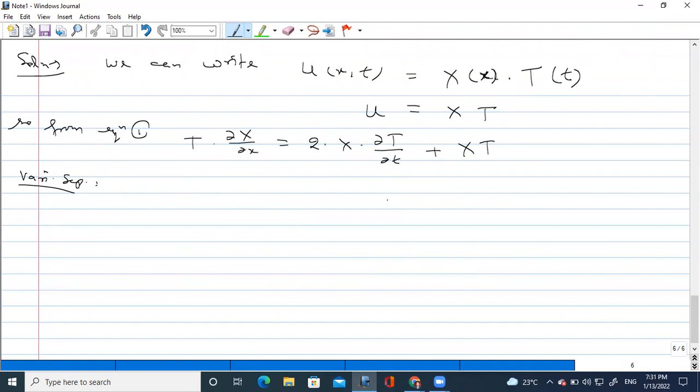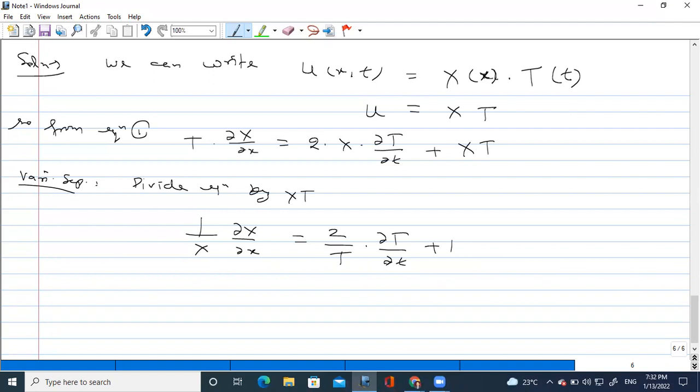So in variable separable, first of all what you can do, divide the whole equation by XT. So what will happen here, T will be cut, so it will become 1 by X dX by dx. So it is variable separable now. Again here, if you divide by XT, X will cancel and only T will be remaining. So it will be 2 by T dT by dt, and plus it will be 1.